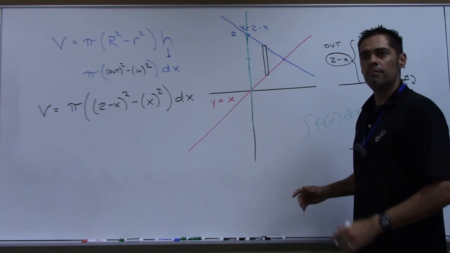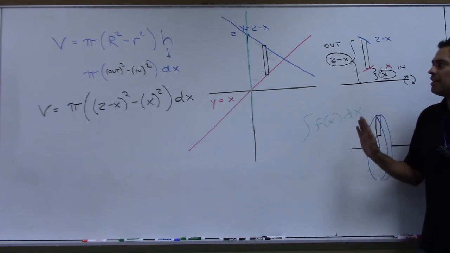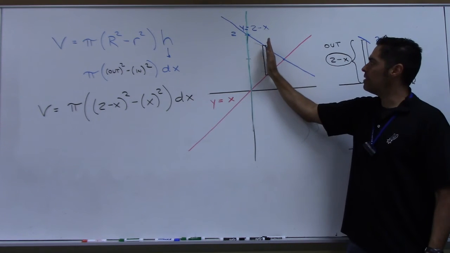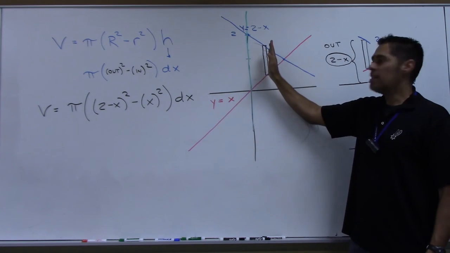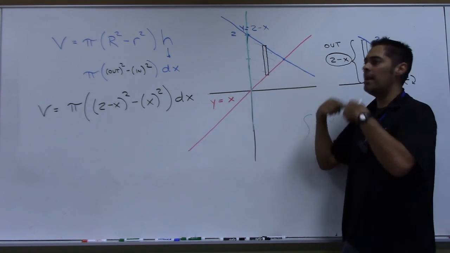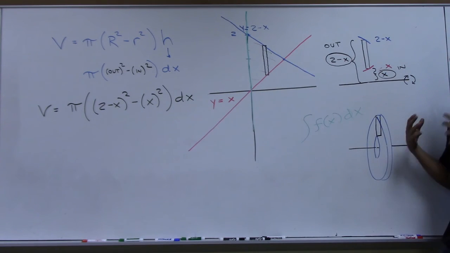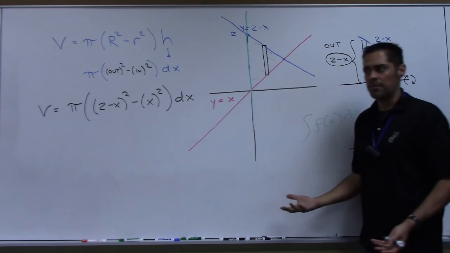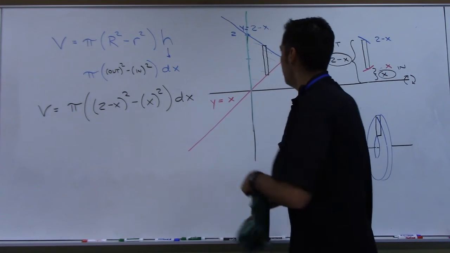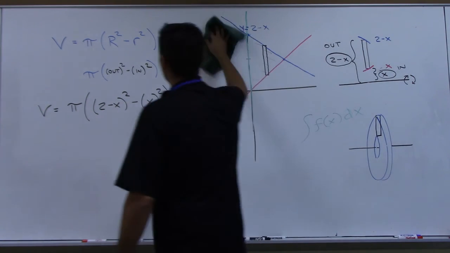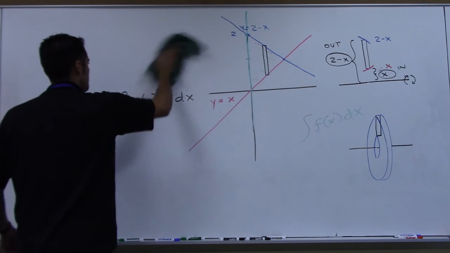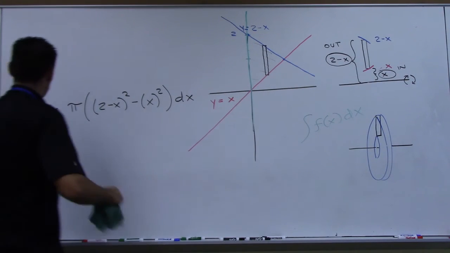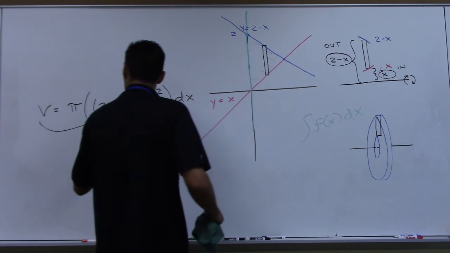Add them all up. I'd like to take every rectangle that's in here, take infinitely many of them, create an infinite number of slices, find the volume of all those slices and add them up. And that's what the integral allows me to do. So I'm going to now write down the integral. Keep in mind, this is the volume of one slice.